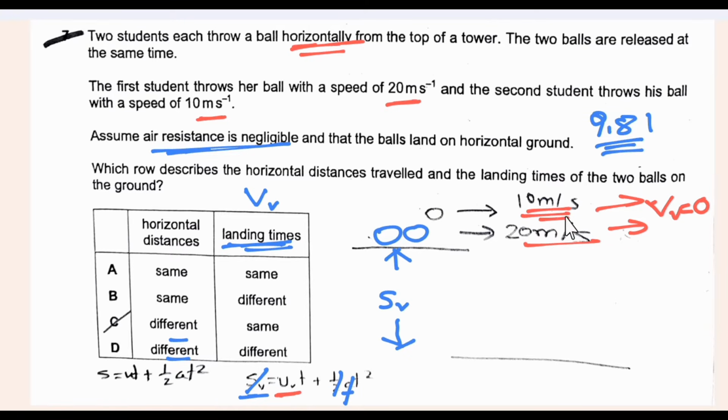So for both objects the vertical speed is 0, that means same. As all are the same, time must be the same. So time is also same. So the answer should be C.